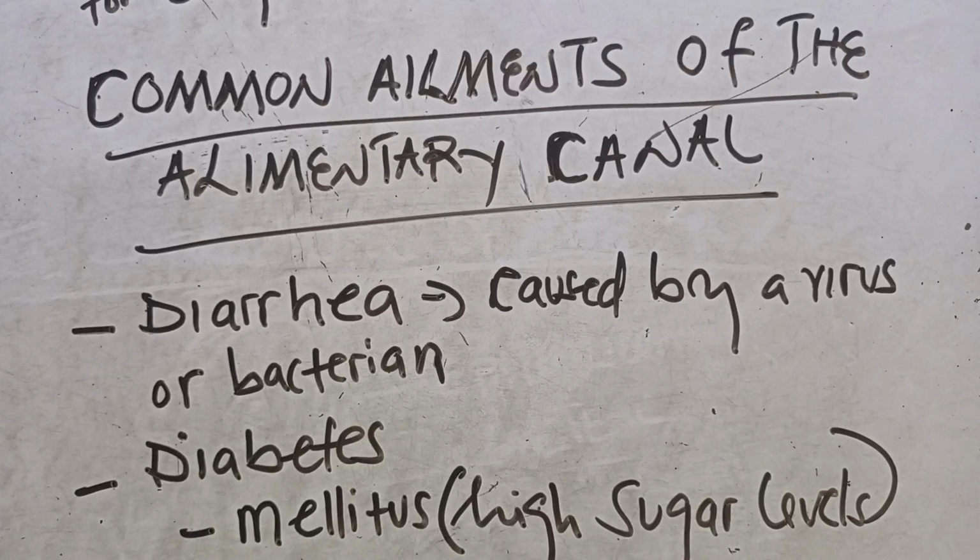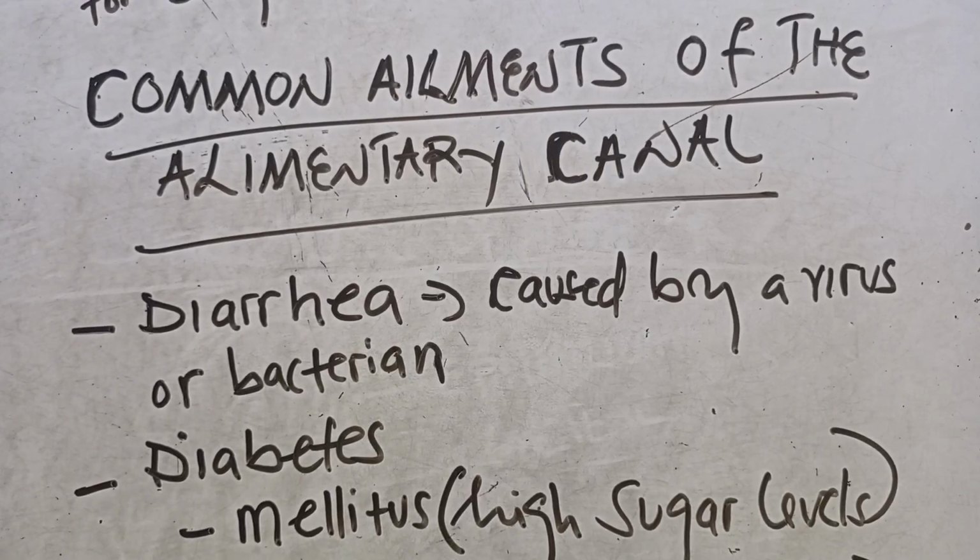Of course, there are people who are suffering from diabetes, but the sugar is not high, the sugar is low. That type of diabetes is what we call insipidus. Insipidus, which is low sugar levels in the body.